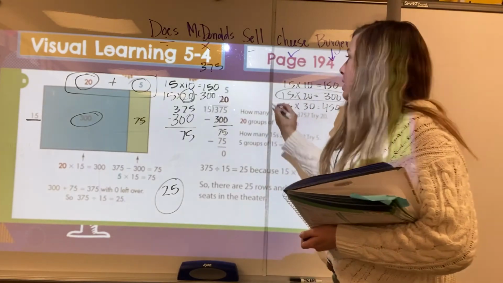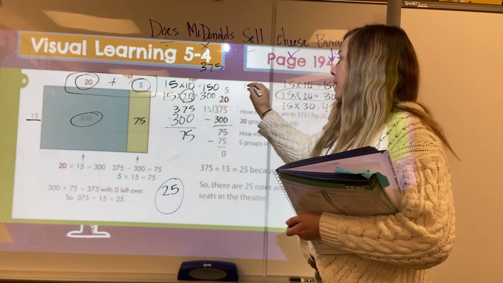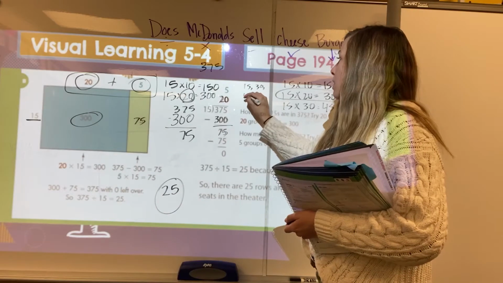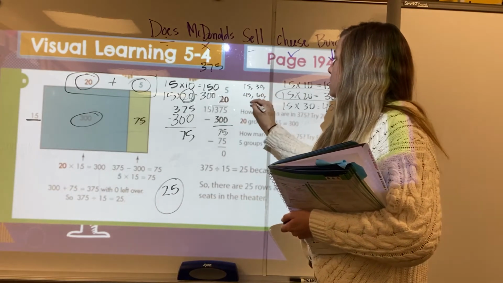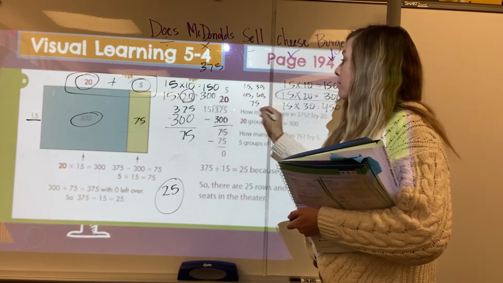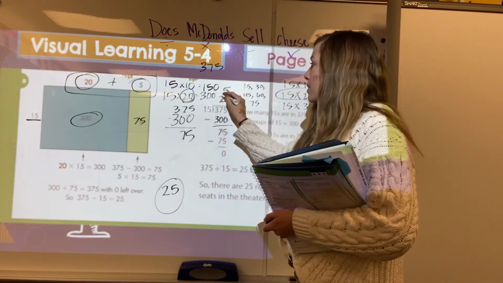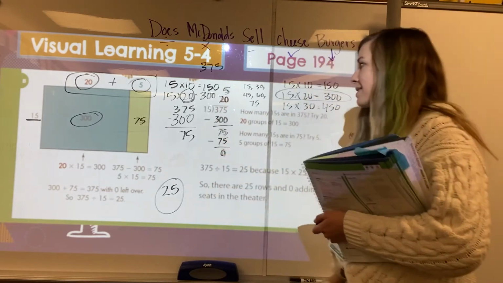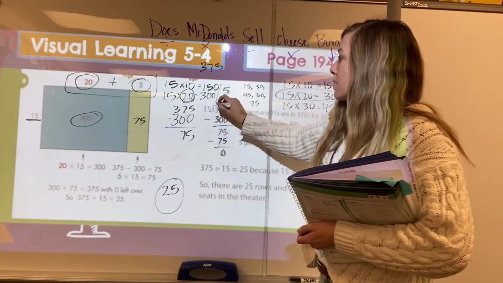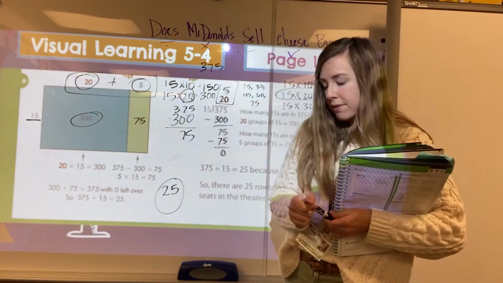And that's when you would, again, need to skip count, 15, 30, 45, 60, 75. So 1, 2, 3, 4, 5. All right, well, then that's where they're getting that 5 from. 15 times 5 is 75. We subtract it out and get 0. So then they combine these top two, and they get that 25.